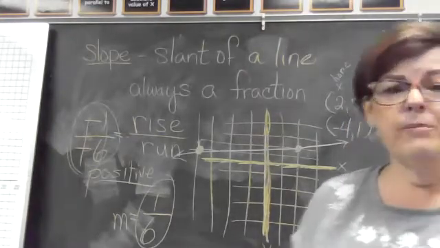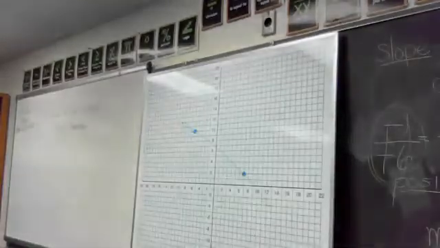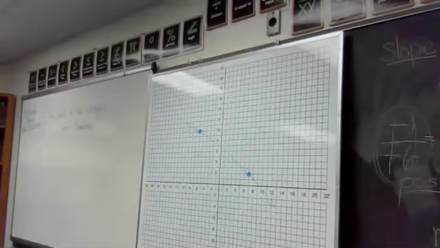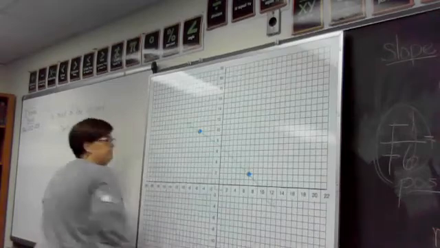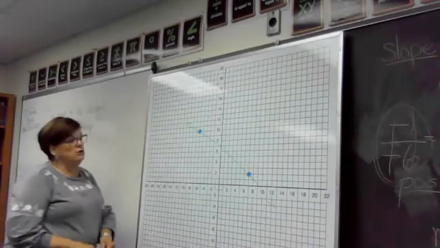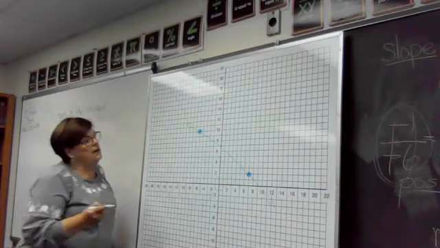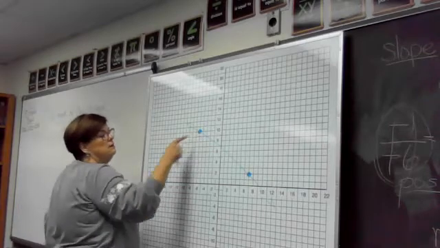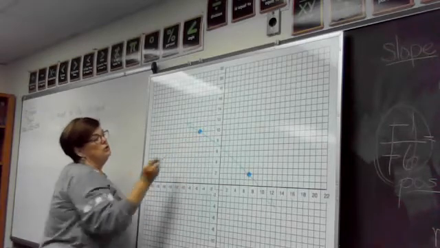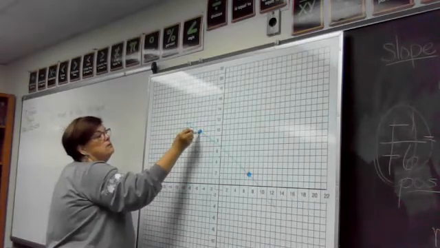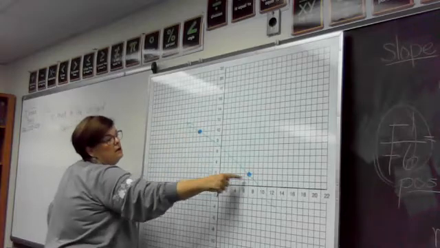So now let's go back over here and see if we can count the slope of this beautifully straight line that I have over here. Okay, here are my 2 points. And so I can start either place. Okay, let's start here. Here's my house, and I'm going there.